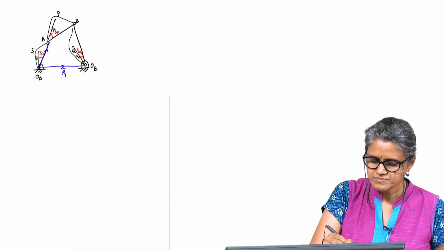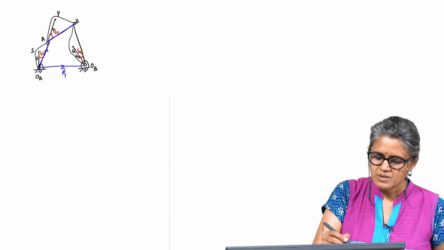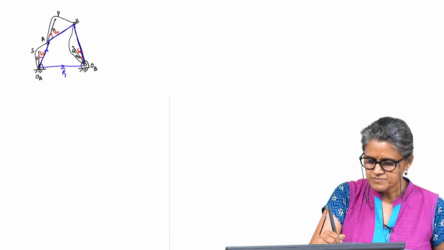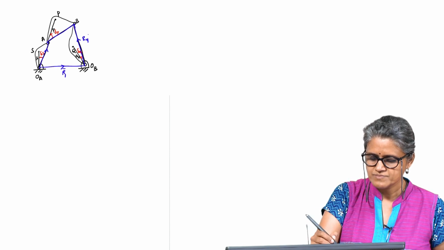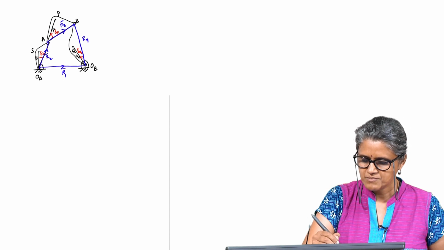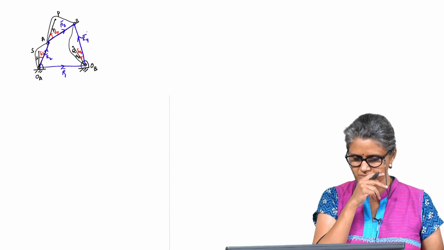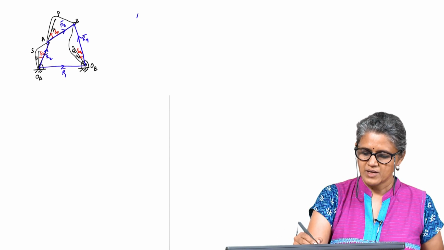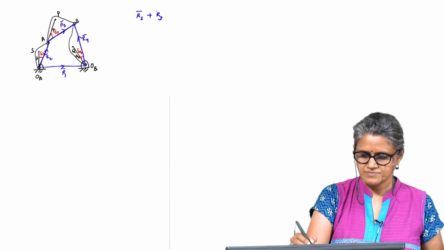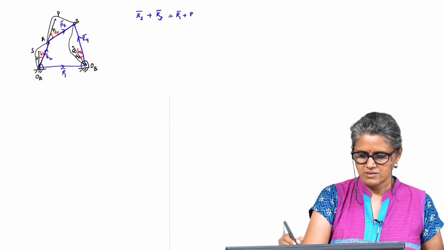So, now this is my R1, R2, so they should form a closed loop, right. So, I have R4 and R3. So, I have R2 plus R3, that was my loop closure.